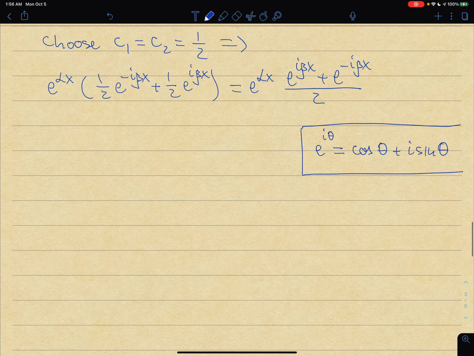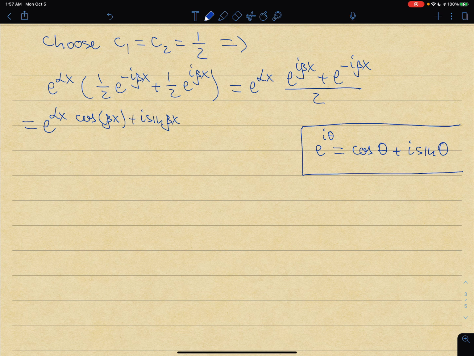Okay, so if this is true, then I should always be able to write the thing that I just wrote here in the following way. So it's e to the alpha x. I look at e to the I beta x, right? That's like e to the I theta, with theta being equal to beta x. So e to the I beta x is cosine of beta x plus I sine beta x.